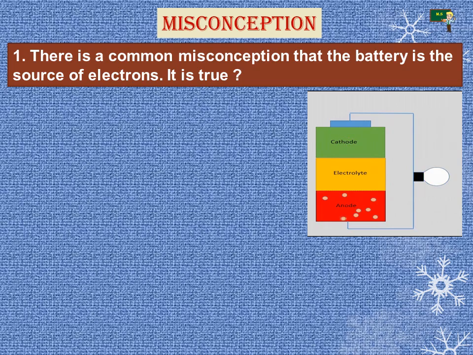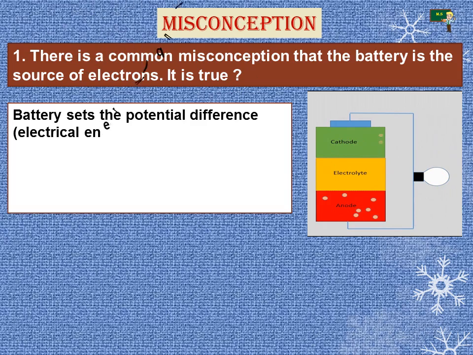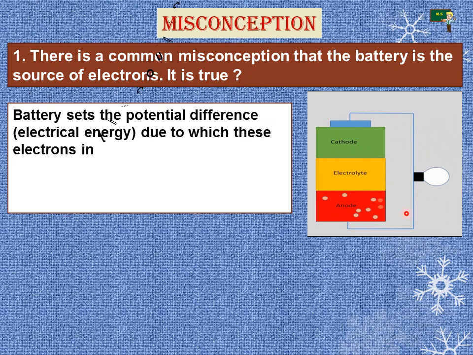Dear students, when a battery is connected across the given wire, the electrons in the closed circuit result in the current. That's why the bulb glows. The battery sets the potential difference, that means the electrical energy, due to which these electrons in the conducting wire flow in a particular direction, from negative to positive.